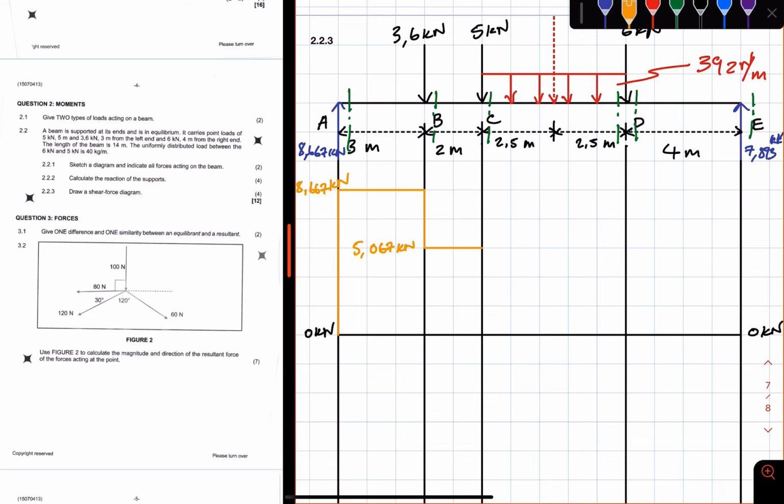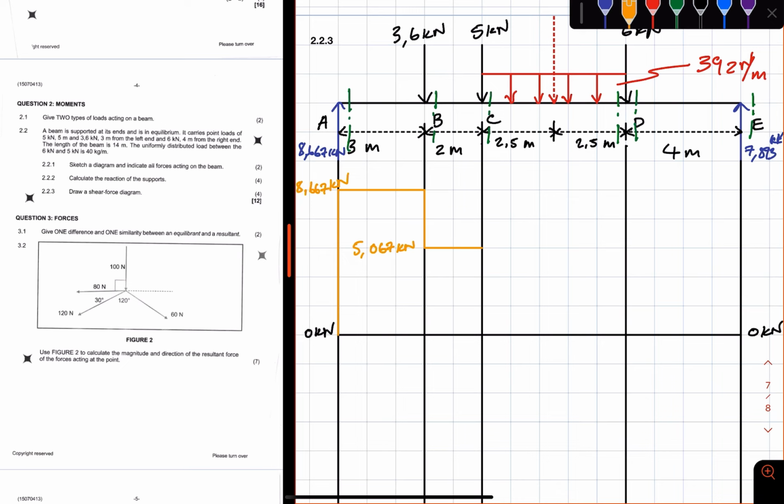So when you get to section C, the only other force that gets introduced is 5 kilonewtons. It's going downwards, so it is negative. Hence, we are going to subtract the 5 kilonewtons from the 5,067 kilonewtons.